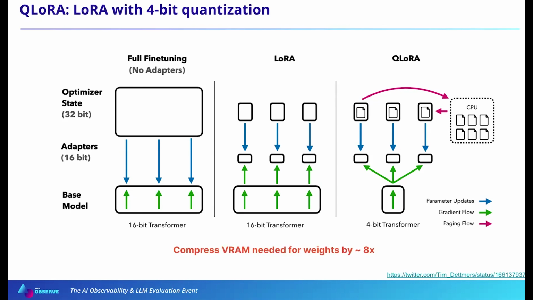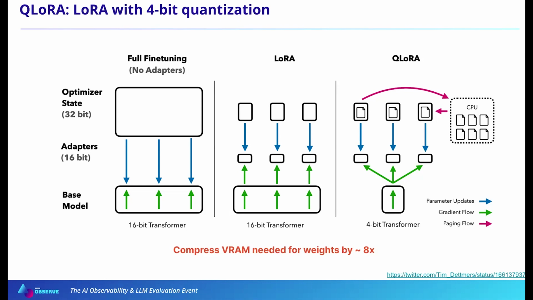So there's also another optimization that you can throw in called QLoRA. Also got very popular last year. And it was especially popular during the sort of like GPU shortage period when no one could get A100s. And it's this idea that you can compress your base model weights because you're not actually using them, they're not actually getting updated. And you can compress them by a factor of up to 8x. What does compression mean?